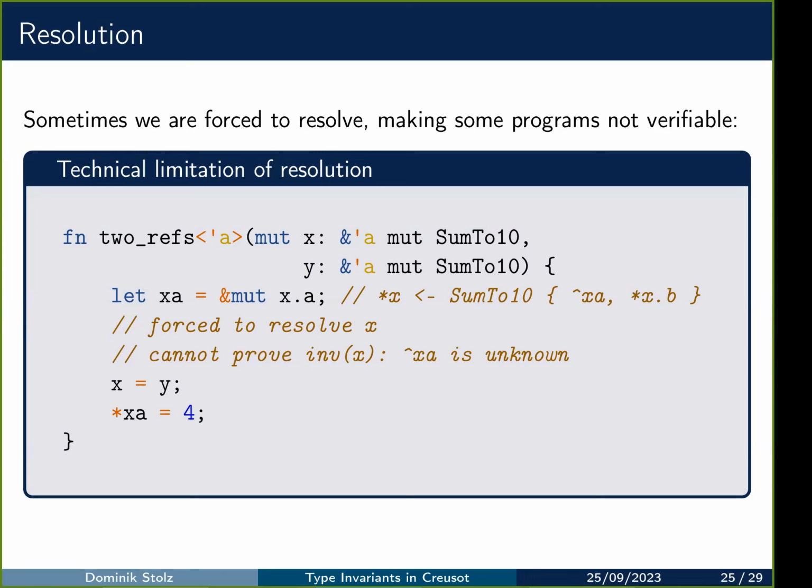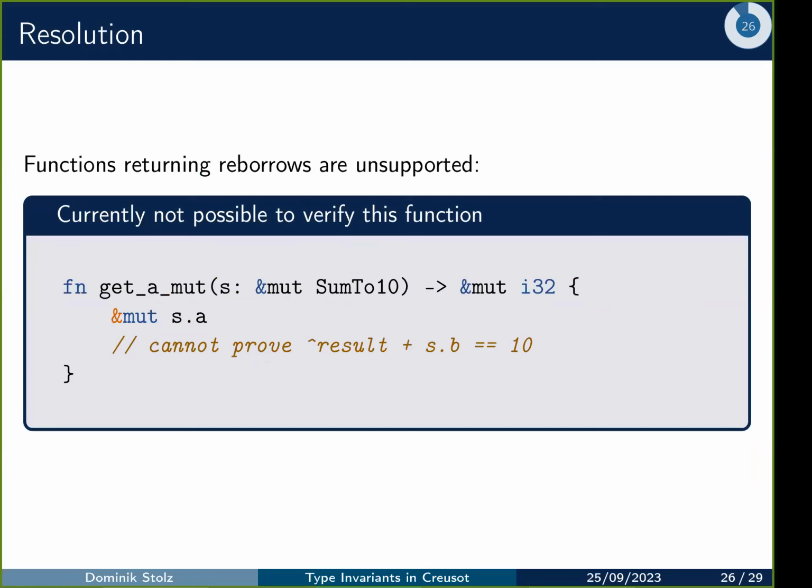Right, and so there's another case which is kind of similar, also a technical limitation of resolution right now, and that is functions that return reborrows. Here we have a function which takes a mutable reference and then projects it to its first field. At the end of the function, we resolve our reference S, which requires us to prove its invariant.